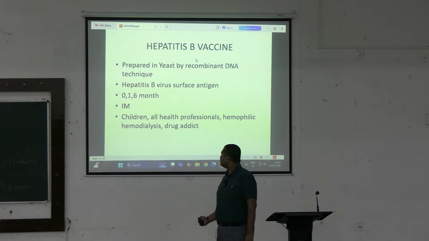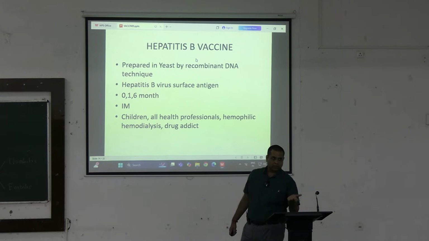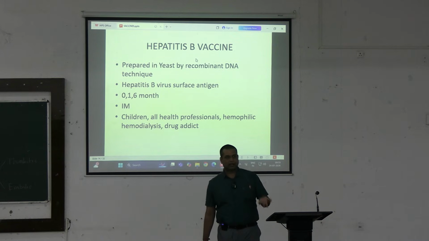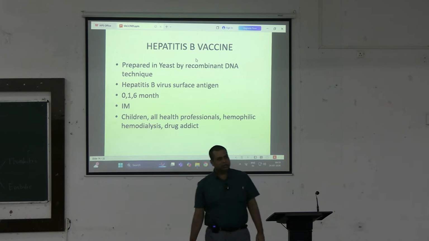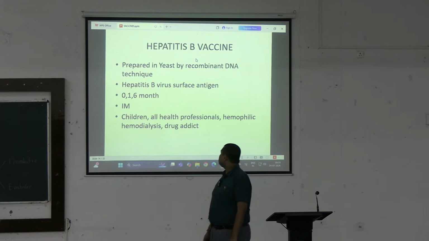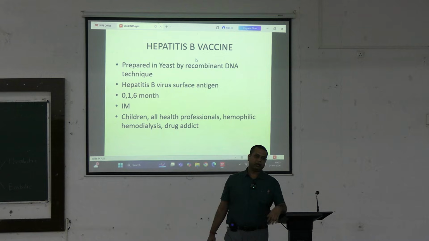Given at birth, at 1 month and 6 months, and also if you want to get immunized, you can get it at this age also. It is for any age, given as an IM injection.